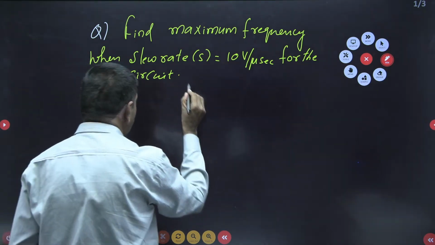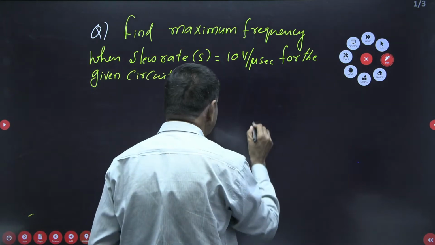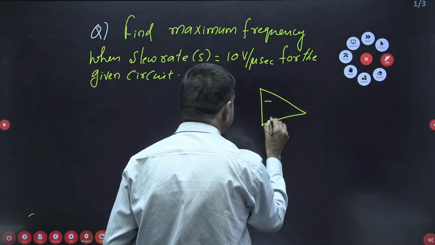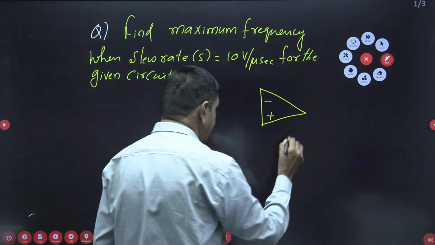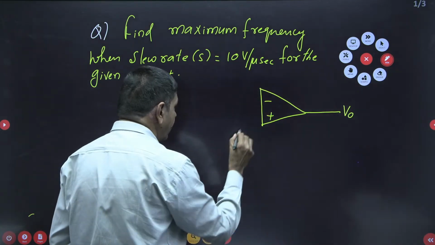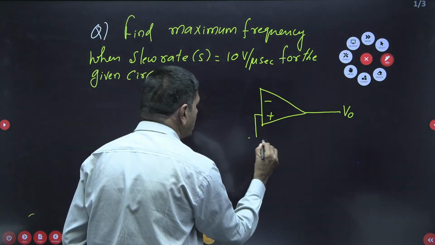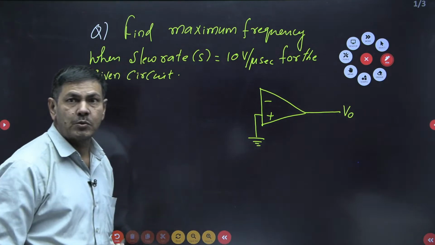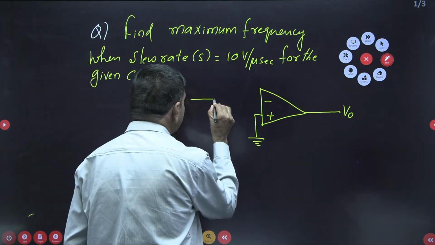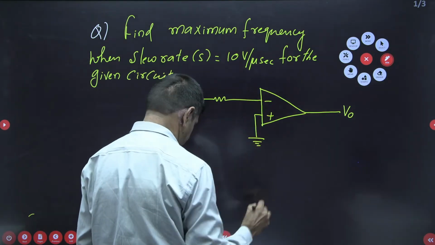The circuit given here is, there is an op amp, this is connected to V0, and the positive terminal is connected to the ground. And the negative terminal is connected to a resistor 2K.